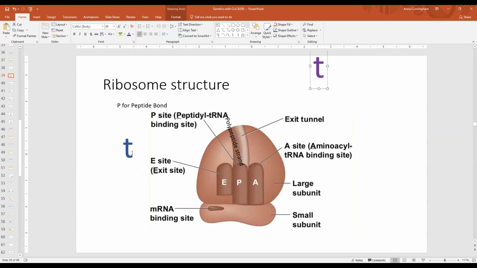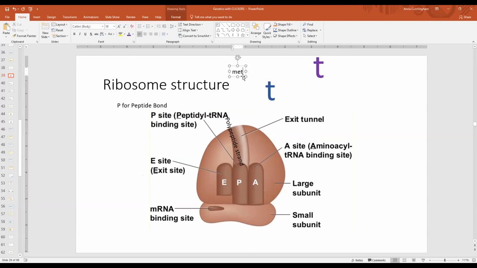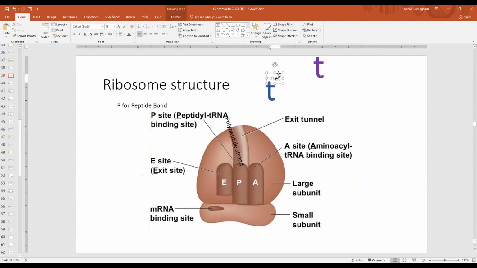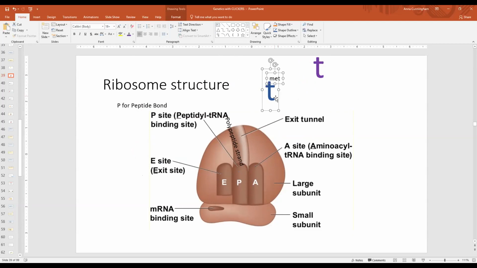Again, we'll look at this process again, but if you just visualize that happening, I can remind you that your very first tRNA is always going to carry the amino acid methionine, because that's your start codon. So you have your first tRNA enter the A site, your ribosome shifts to the right, which moves that tRNA in there.